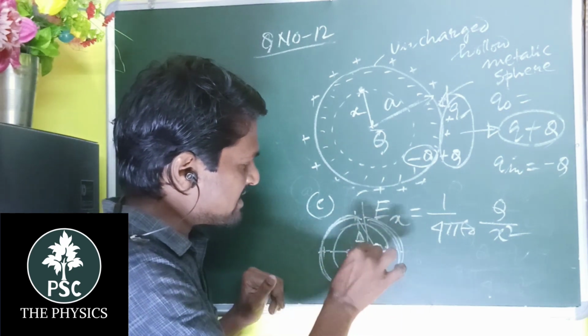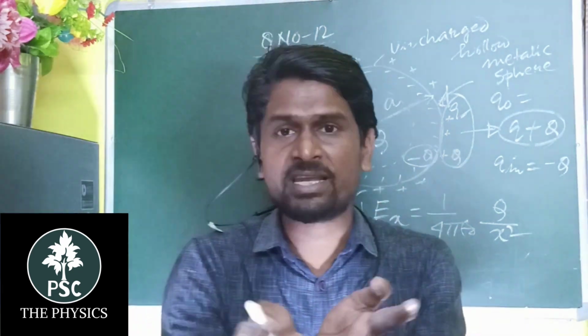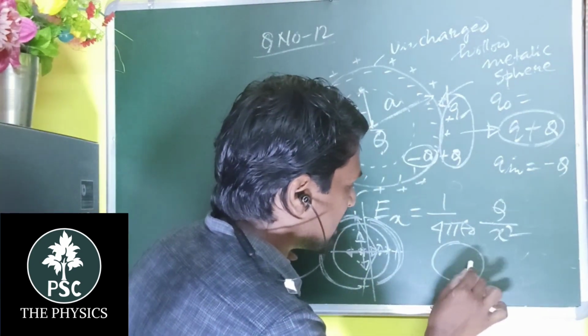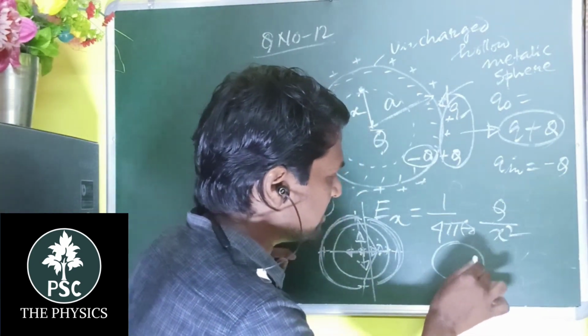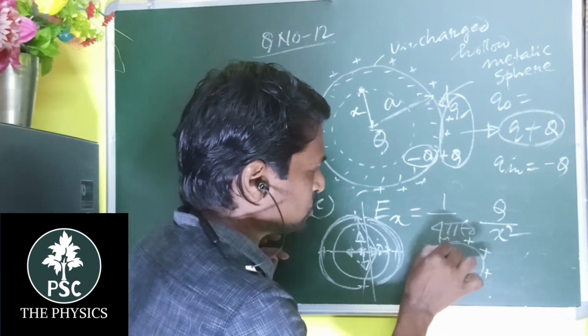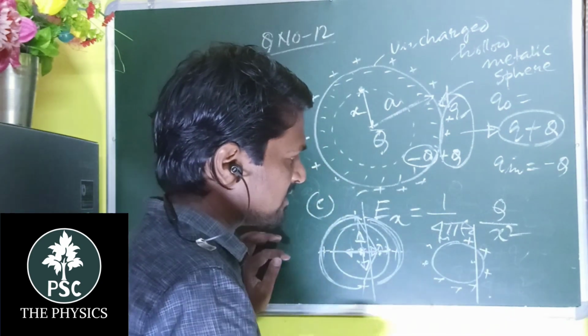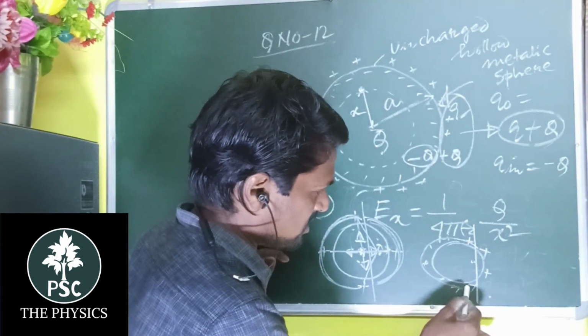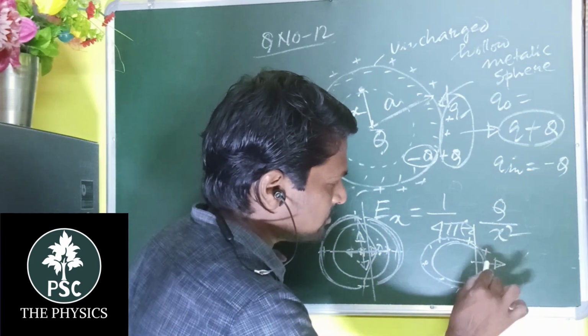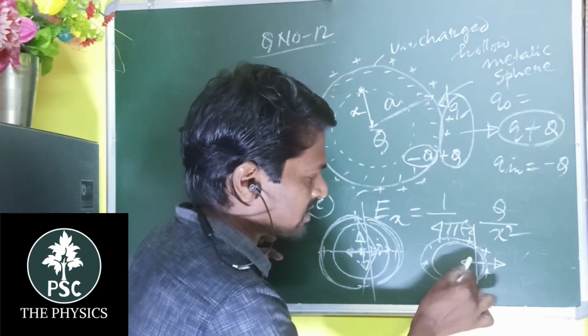So if the point is anywhere within the spherical surface, suppose there is a point here, and all the charges are distributed over the sphere. If we cut this one, the contribution of that particular part acts along this direction, and the contribution of the rest of the charges acts along the other direction.